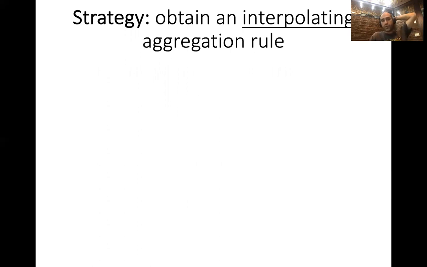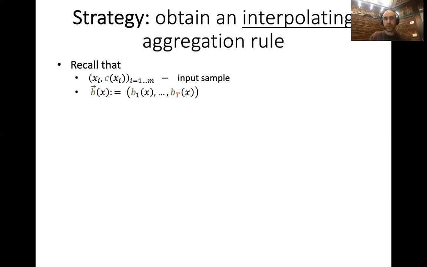Okay, so what is our strategy? The one observation that guides our algorithm, the algorithm that circumvents the lower bound, is that we want to obtain an interpolating aggregation rule. What does this mean? Recall that our boosting algorithm gets as an input a labeled sample.